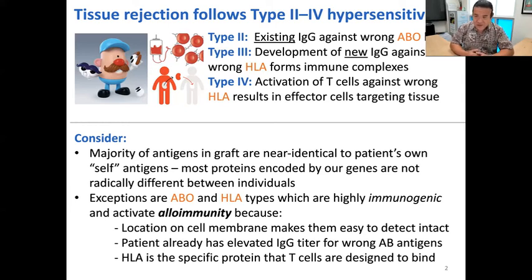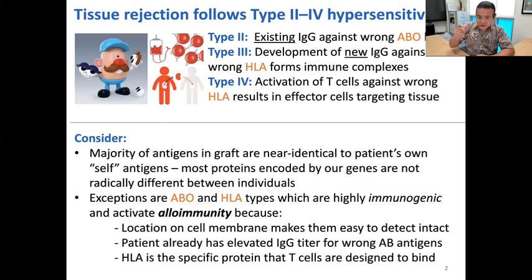Then you would imagine that, for example, the keratin that makes your skin or your hair is not going to be really all that different than the keratin gene that makes my skin or my hair, right? So you wouldn't expect many of the different types of antigens in healthy tissue to be the cause of tissue rejection. Right? But of course, the exceptions are these ABO and HLA types.